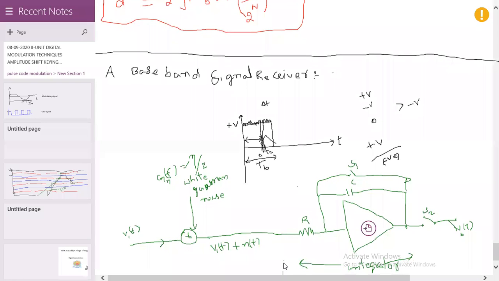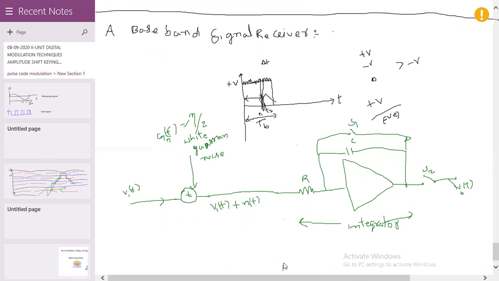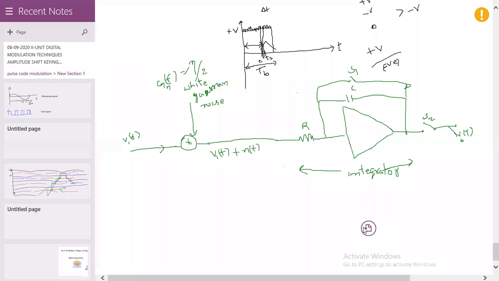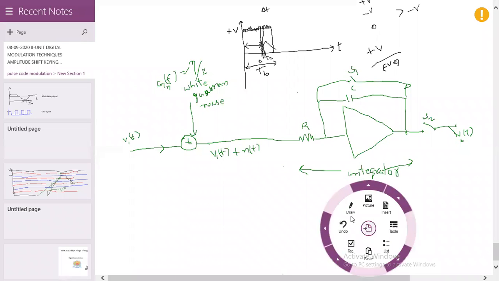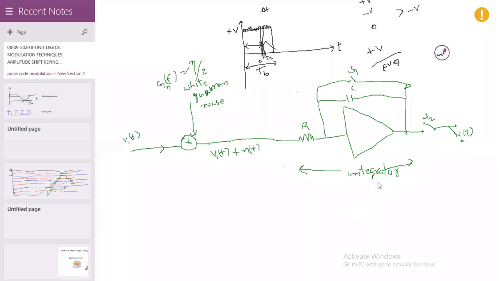Our main aim is to derive that signal at the output of this integrator. So let us assume this is a voltage and here we can find out the power. What is S naught of t? S naught of t is the signal power of that signal.